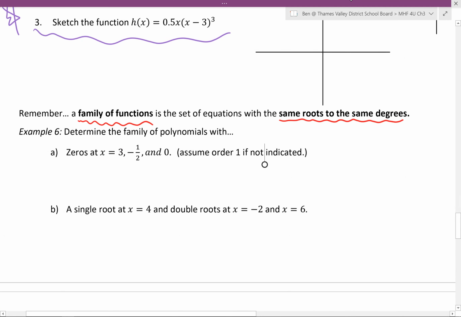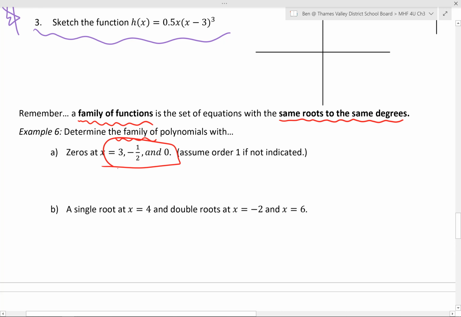Now I want you to try and find the family of polynomials with these zeros. I'm not just looking for you to say, okay, well then, let's see here. If we have a zero at x equals 3, that means there's a factor x minus 3.